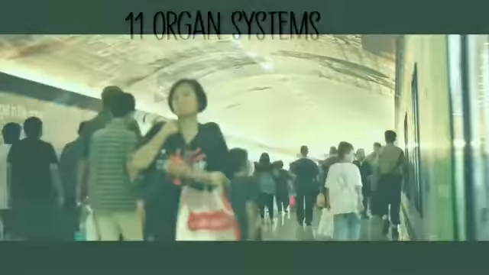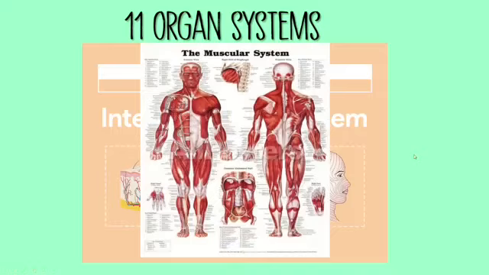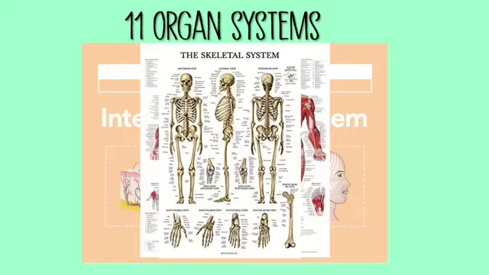The human body is composed of 11 different organ systems, which include the integumentary system, which includes your skin, hair, subcutaneous fat, and nails. The muscular system includes the skeletal muscles, but excludes smooth and cardiac muscles. Then, the skeletal system is composed of bone, joints, cartilage, ligaments, and tendons.